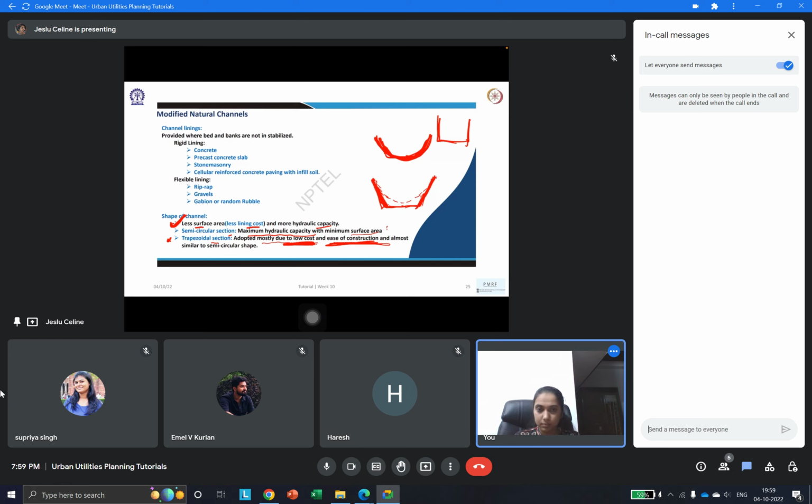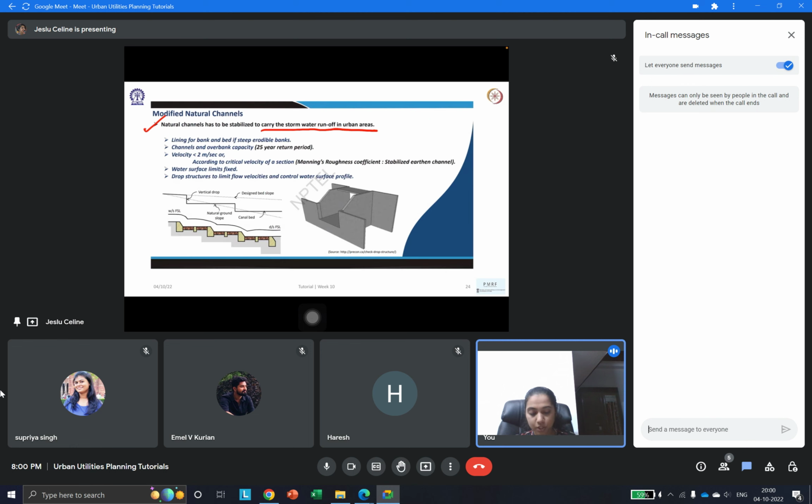Mainly for this one, we'll be using an RCC channel, right? So it's much easier to construct this than a semicircular section. And the shape is almost similar, like the water flow behaves like a semicircular section also.